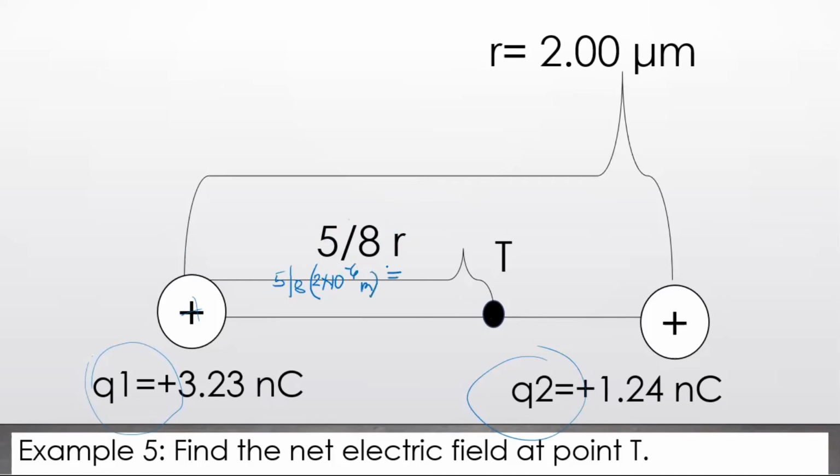So, ang 5/8 niya, class, is equal to 1.25 times 10 to negative 6 meter. Or 1.25 micrometer.